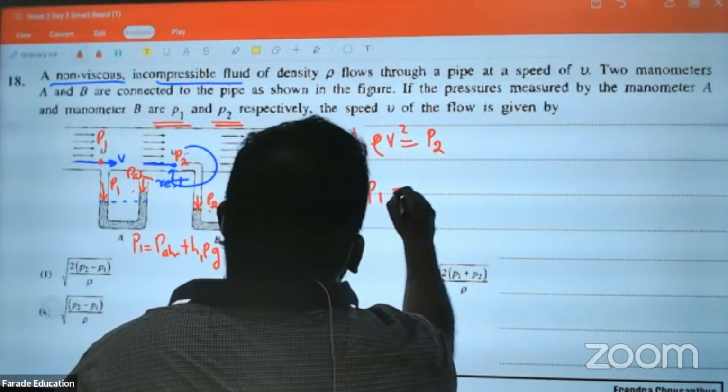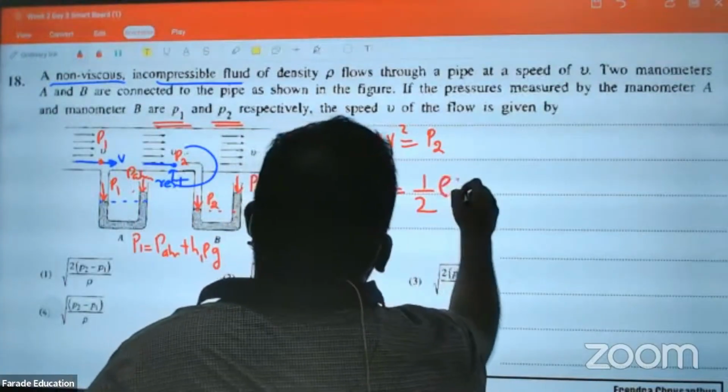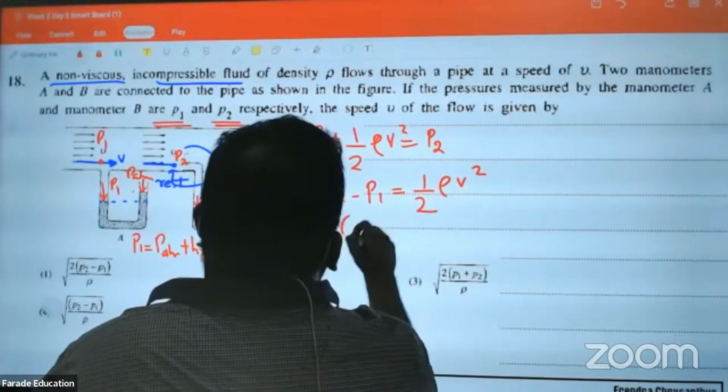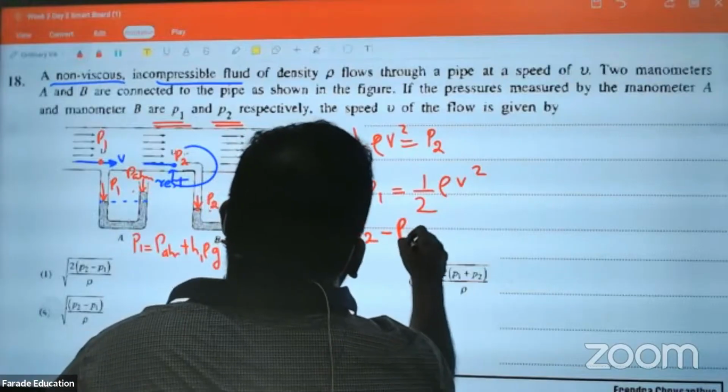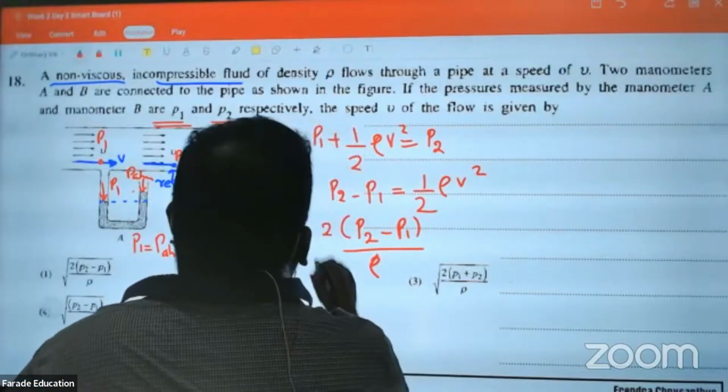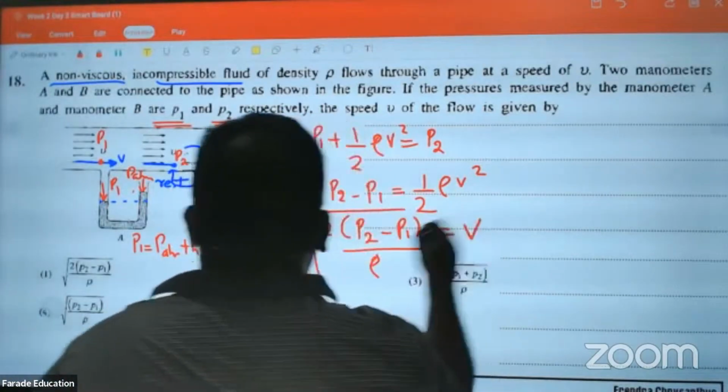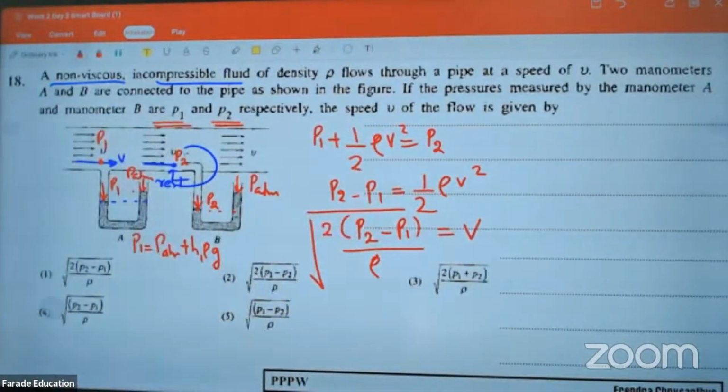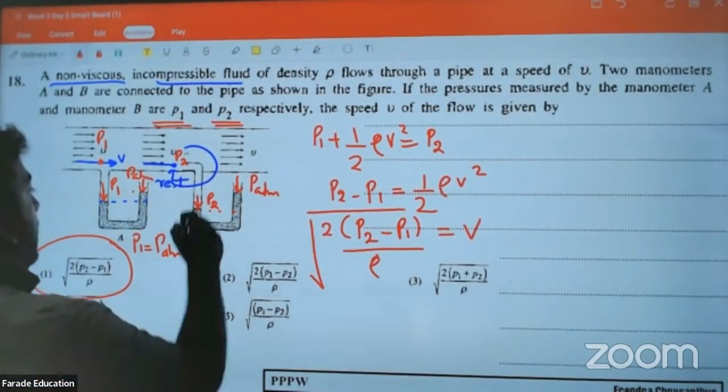P2 minus P1 is half rho V squared. Cross multiply: 2 times P2 minus P1 divided by rho, whole thing square root, that is your velocity. So the correct answer is answer number 1, right there.